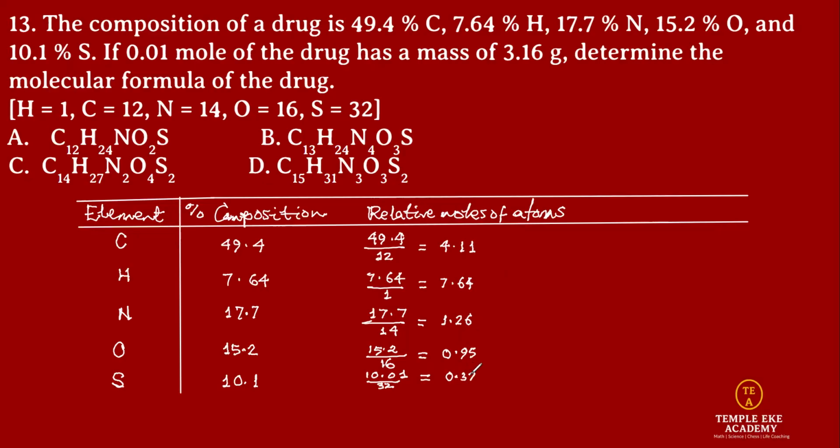All right, we have the relative moles of atoms. Now we have to convert this to the simplest ratio by dividing by the smallest. So division by the smallest leads us into the simplest ratio in which these atoms are combined.